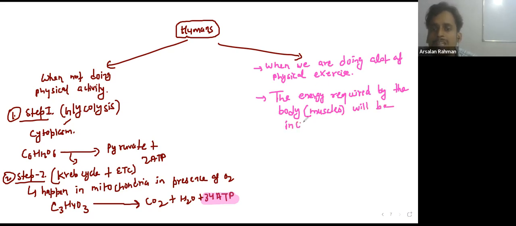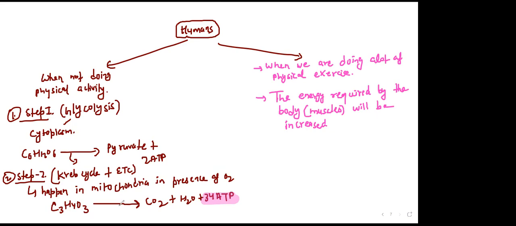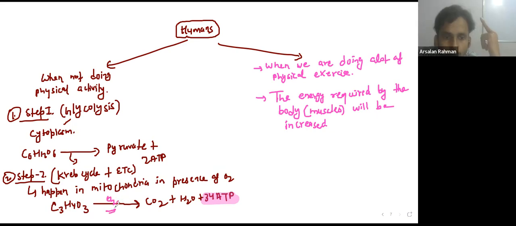Generally, which type of respiration do we perform, aerobic or anaerobic? We perform aerobic. Here you can see we have utilized O2, aerobic respiration. But when we are doing a lot of physical exercise, the energy demand is so high that our body starts performing anaerobic respiration also.